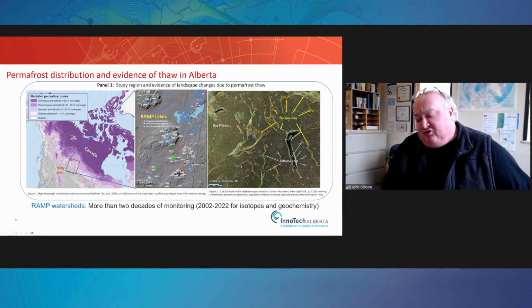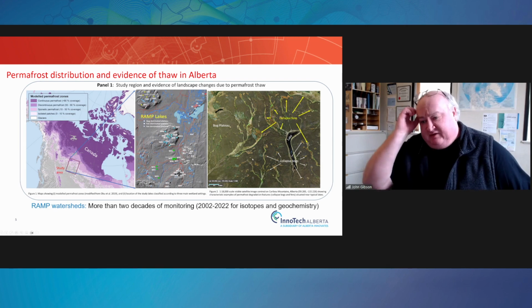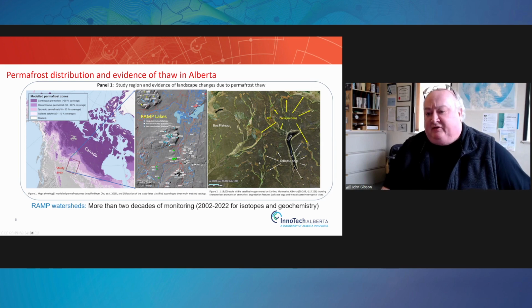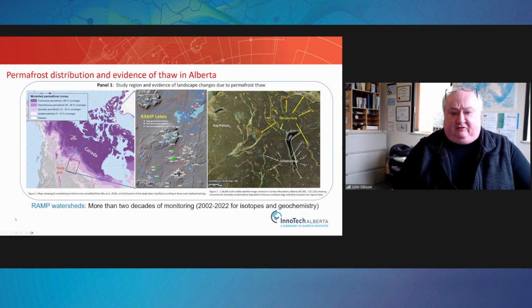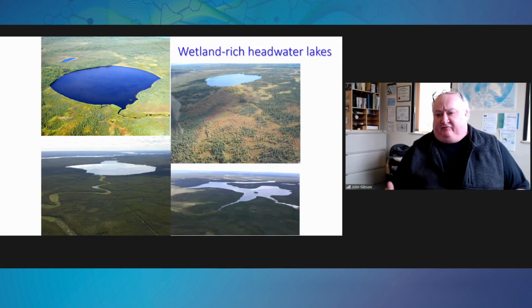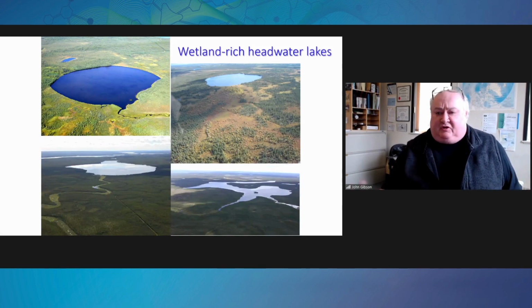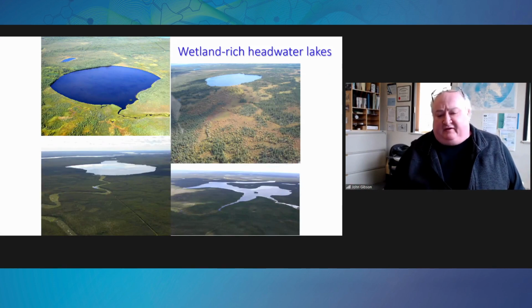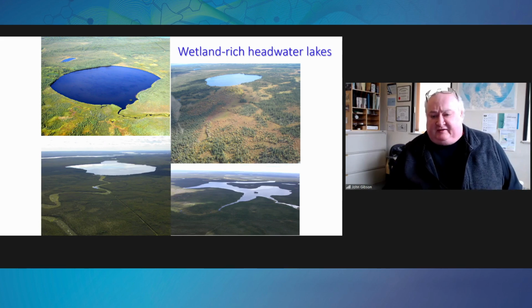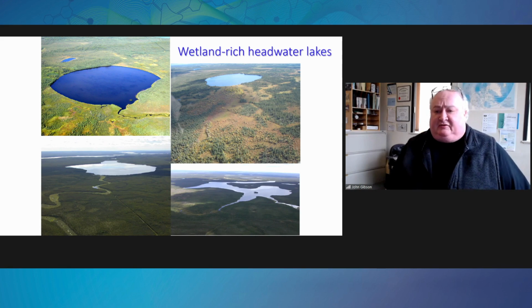Now here I show an aerial view of the collapse features and some of the collapse bogs. These are early stages. They form these little pock marks, and later on they form these collapsed fens. So just to give you an idea, we're looking at a network of 50 headwater lakes. They vary in size, but they're mostly less than 1 square kilometer, and they're wetland dominated.